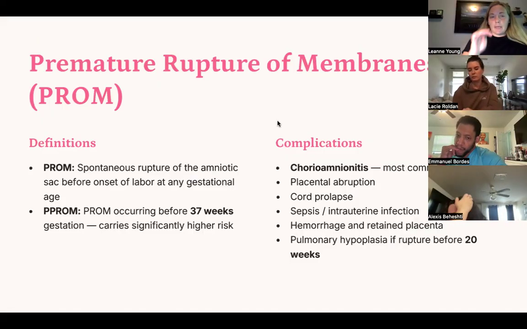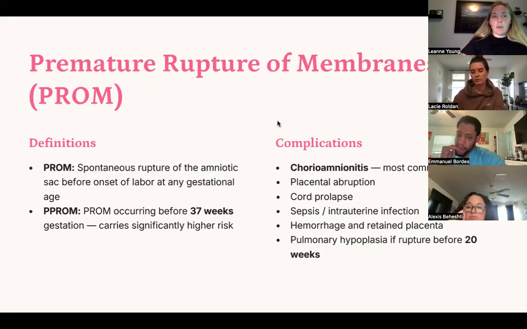That chorioamnionitis, like I had talked about, infection of the amniotic fluid, that is the most common complication whenever we have premature rupture of membranes. All right. Now, if a mom is full term, okay, and her water breaks early and she's not having uterine contractions, in the past they've said, oh, she needs to deliver before 24 hours. But that is not the case anymore.